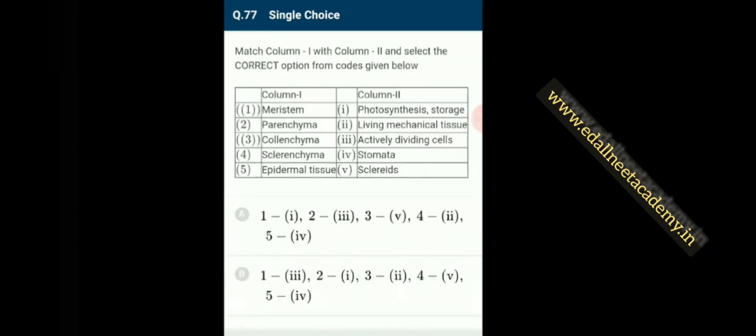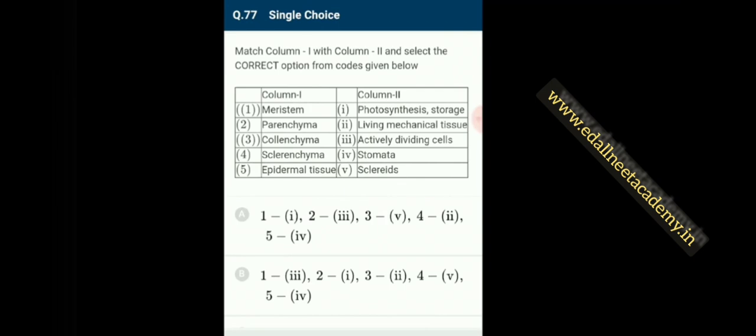Question number 77. Match column 1 with column 2. Select the correct option from the choices given below. From the given two columns, meristem matches with meristematic tissues, which are actively dividing cells. Parenchyma cells: the main function of parenchyma cells is storage. But in some parts of the plant body, parenchyma cells contain chlorophyll pigment that carries out photosynthesis. So parenchyma matches with chlorenchyma from the second column.